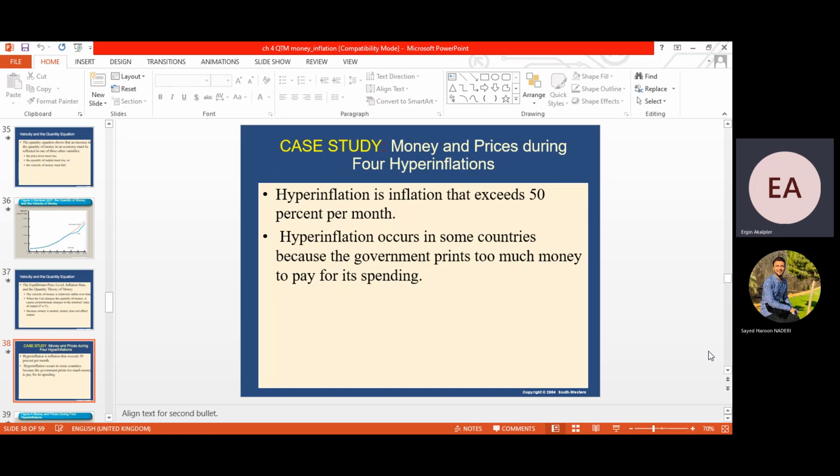Hyperinflation is assumed to be 50% or more, and if it is exceeding that, as we are currently experiencing, hyperinflation is not good for the economy. And hyperinflation occurs in some countries because the government prints too much money to pay for its spending. As in Turkey, currently we are holding too many new banknotes.